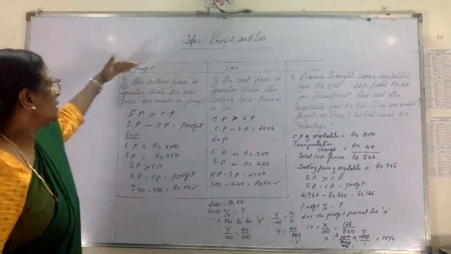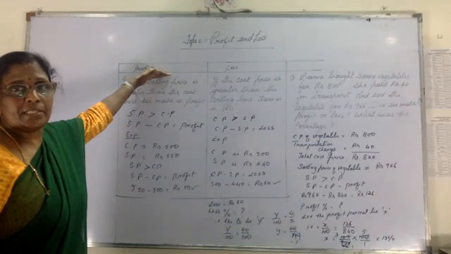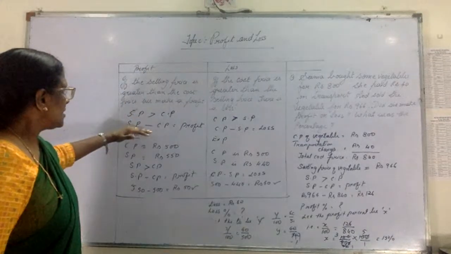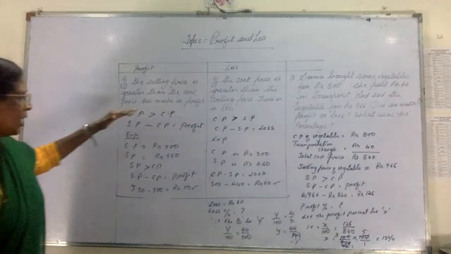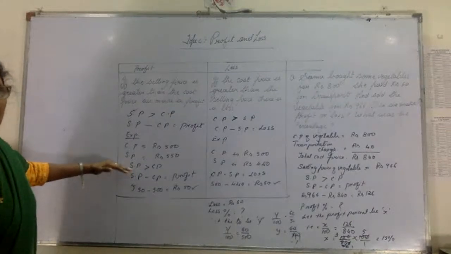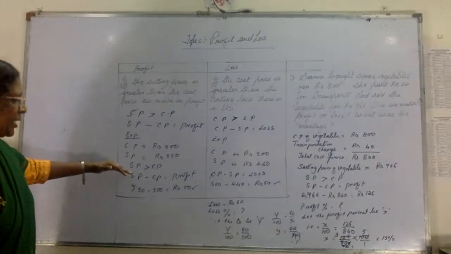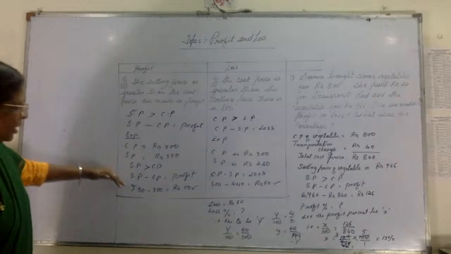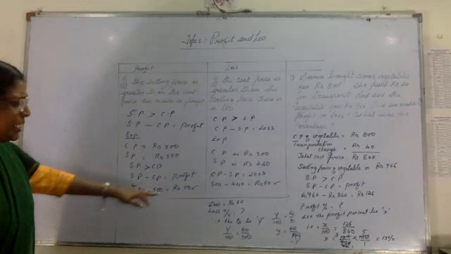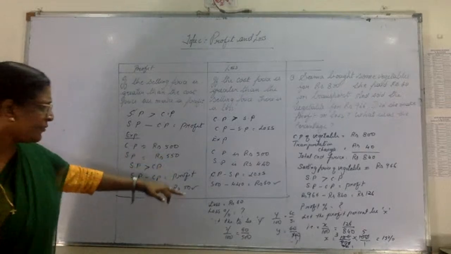Profit and loss. If the selling price is greater than the cost price, that is selling price minus cost price is profit. And how to find out the profit percent? We have to find the ratio of the profit to the cost price. Here you see profit is 50 rupees.